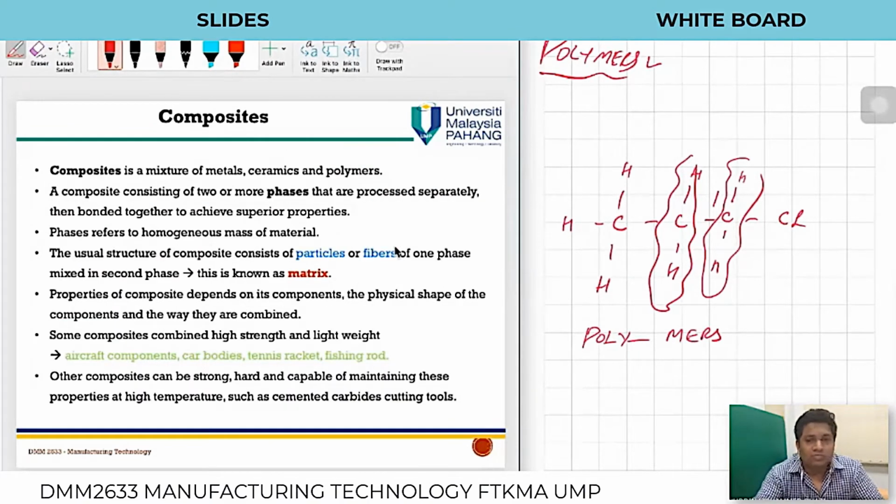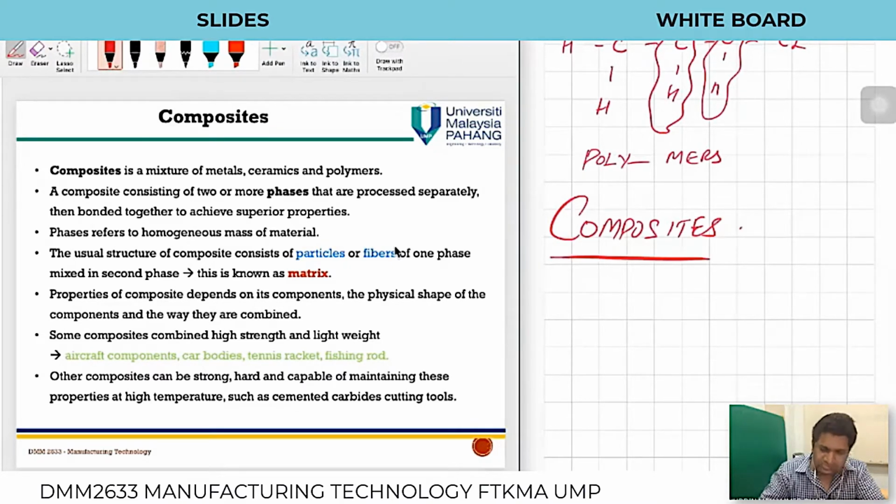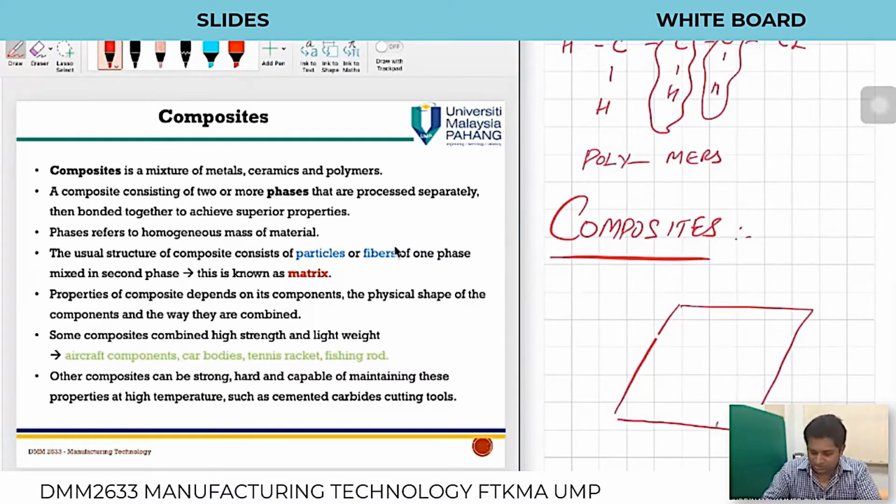We move to composites. Imagine that I have a plastic, a polymer plastic, and I put a steel rod inside.